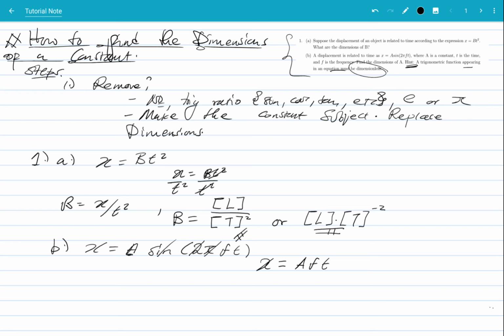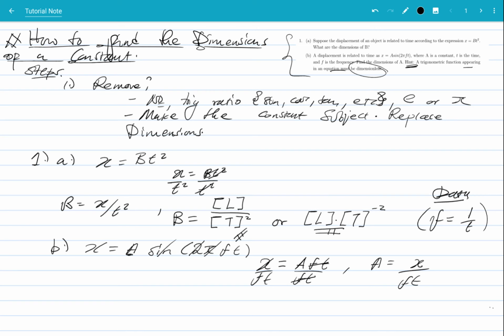Now f is frequency, and we know that frequency is the inverse of time, so it's 1 over t. So where there's frequency, we can substitute. But before we even do that, let's make a the subject of the formula. By doing that, we divide both sides by ft. This cancels with that, and you then have A being equal to x over ft.